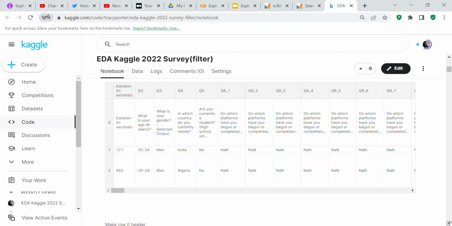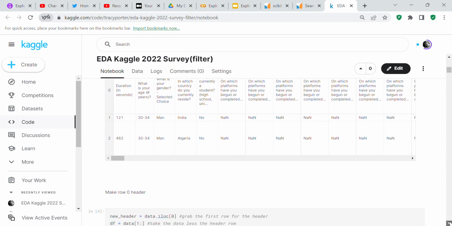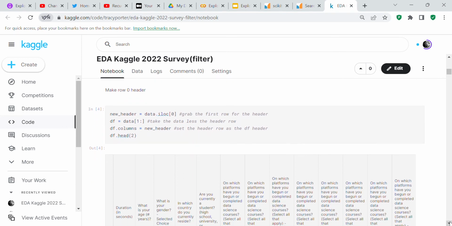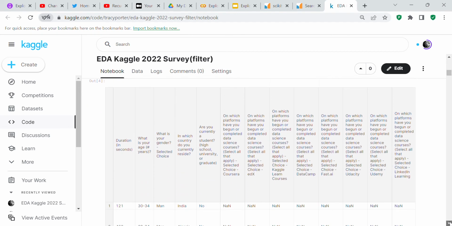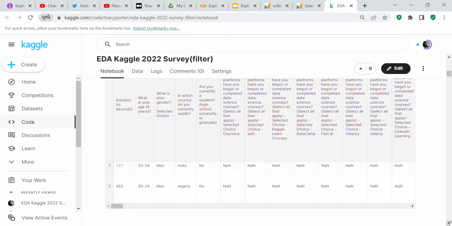Row 0 is actually the questions, so I had to make row 0 the header. New header equals data.iloc[0], df equals data[1:], because remember that in Python the first number is 0. df.columns equals new header, and now we've got the new header.